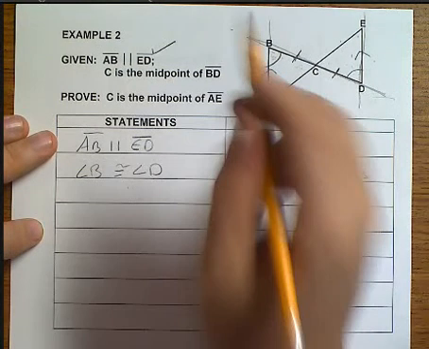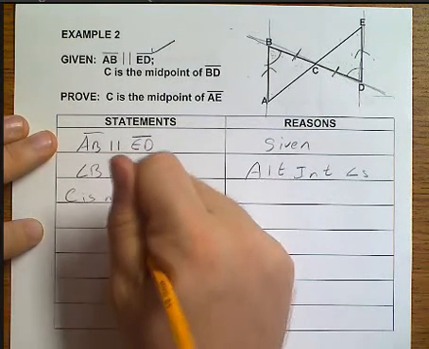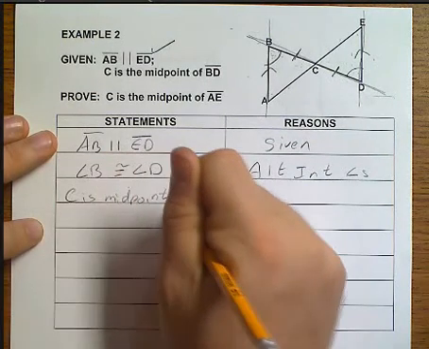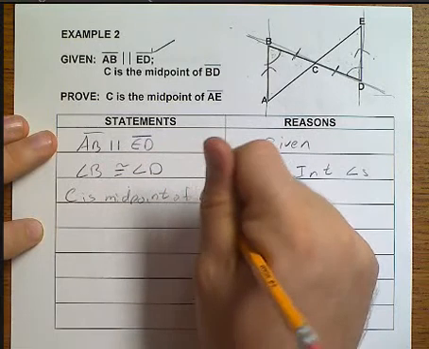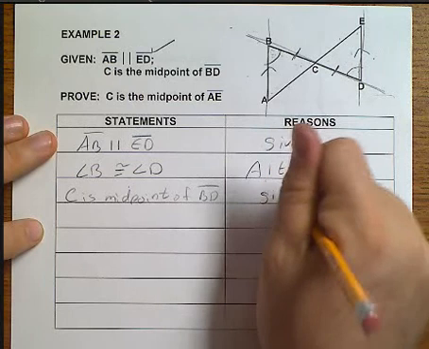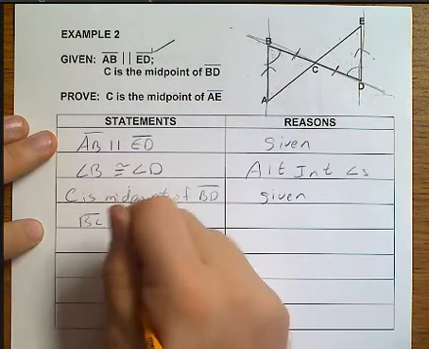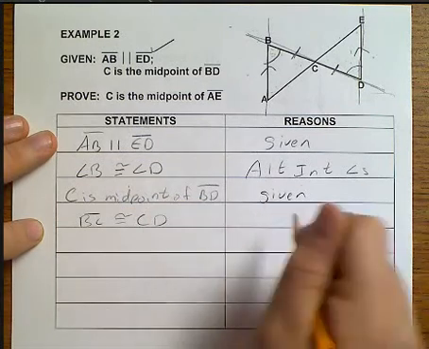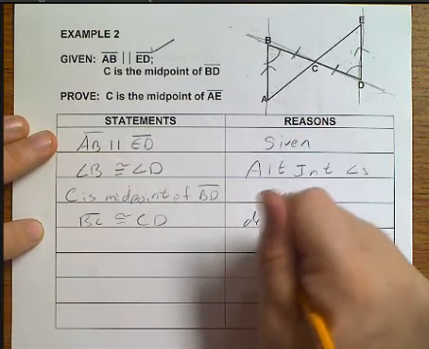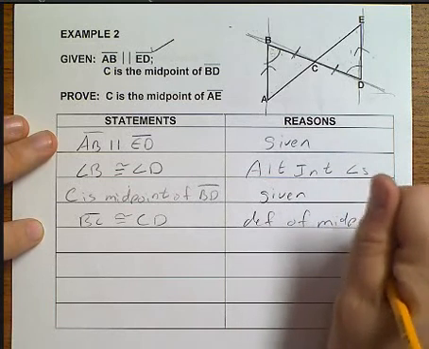Need the second one. C is the midpoint of BD. This was given to us, and we've already marked it that BC is congruent to CD because of the definition of the word midpoint.